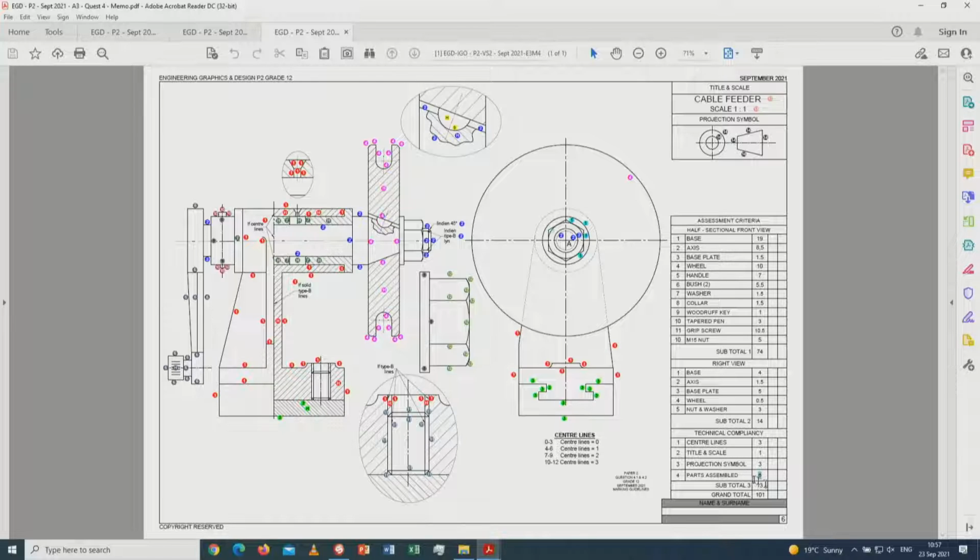So 5 marks adding towards this part, and then of course on this part over here 5 marks will fall away. So this will total up to the correct total once we're done with this part.